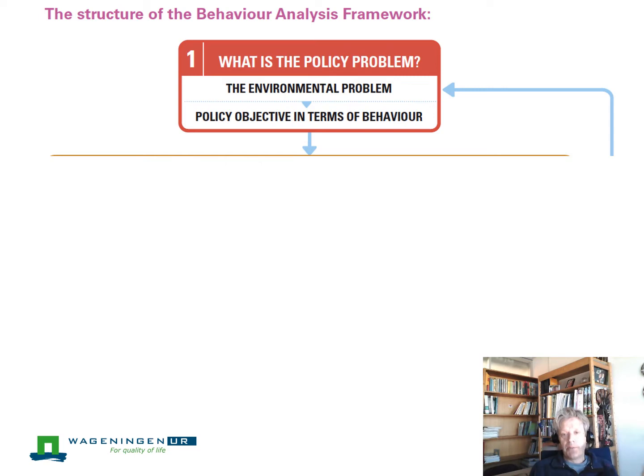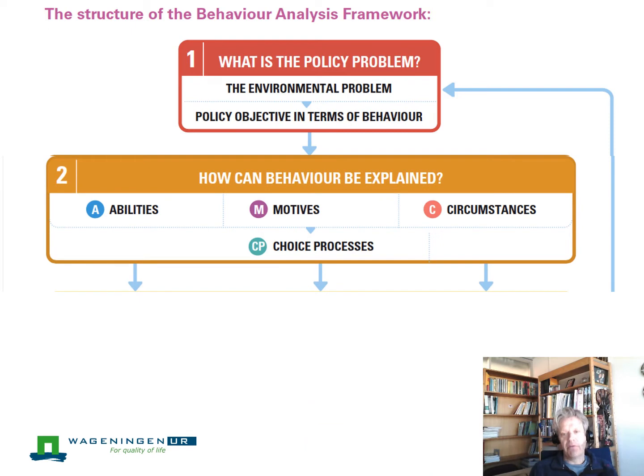So what is the policy problem is the first question that needs to be asked. What are we trying to solve here? And what is the policy objective in terms of behavior?